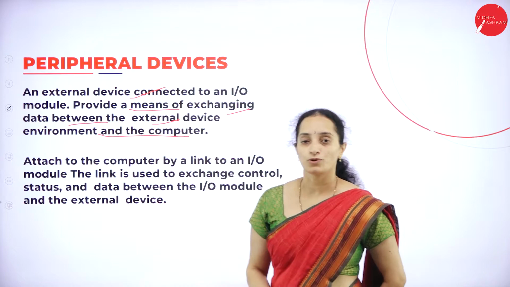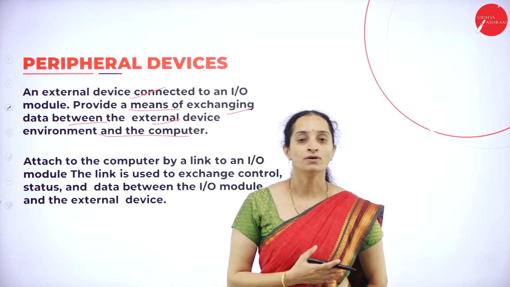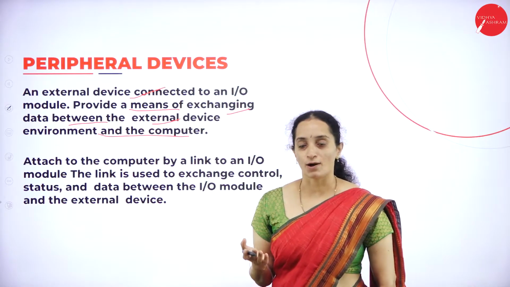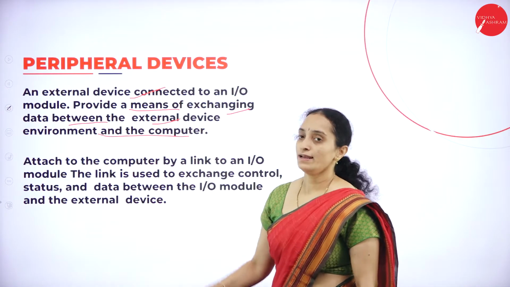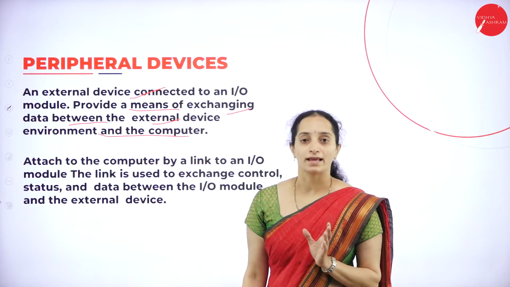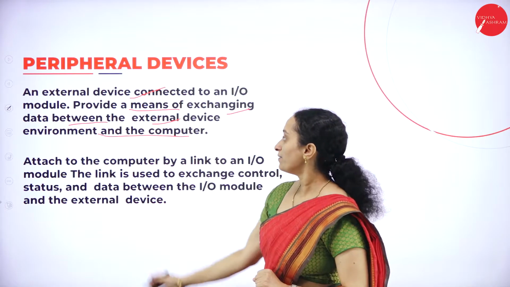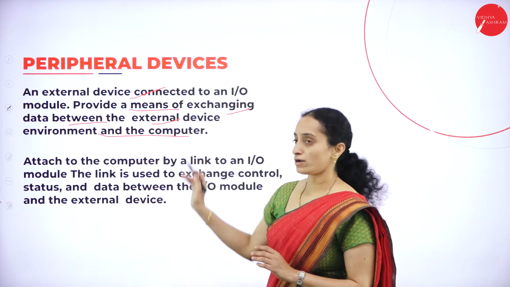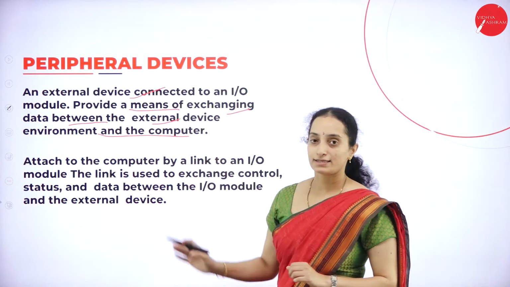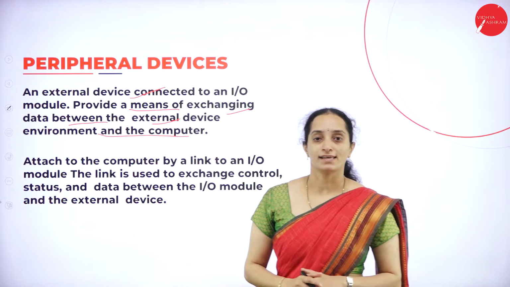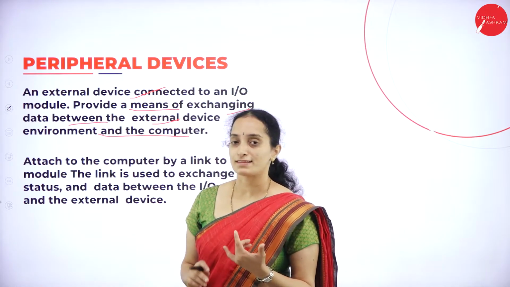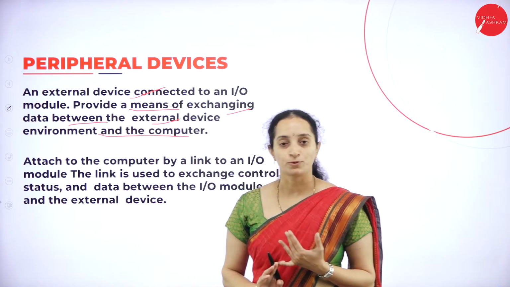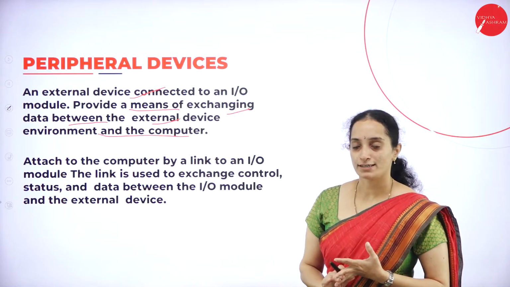So, the input-output module is connected to the input device and the output device. They act as an intermediary between the computer system environment and the external device environment. External device is nothing but one of the input or the output devices.